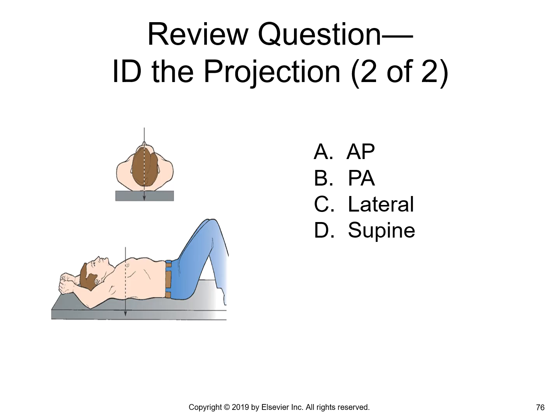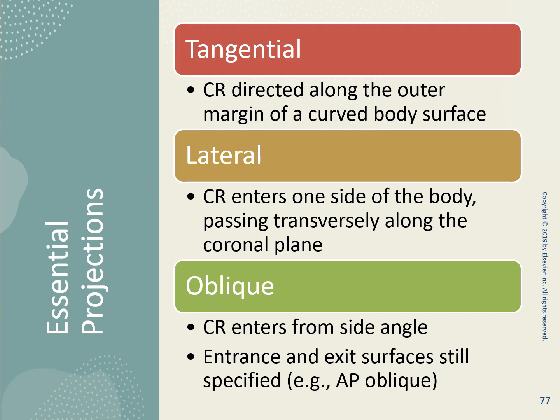I'm asking about the path of the central ray through the body. Okay? So yes, the patient is lying supine, but the projection is an AP, anterior to posterior. Okay? If you got confused by these 2 questions, go back and review the definitions one more time. It's critical that you wrap your head around the nuance between those 2. All right.